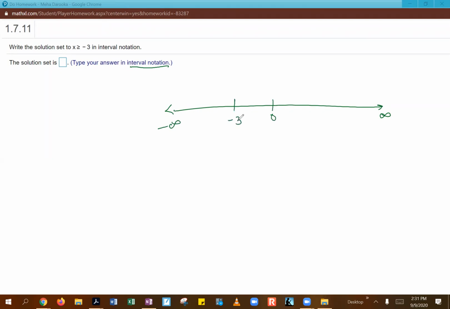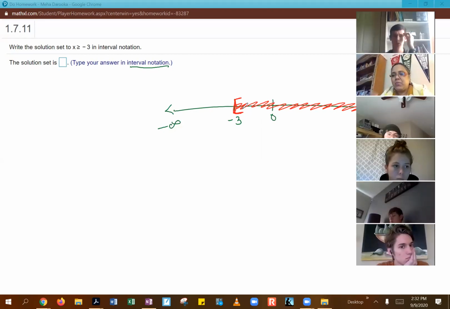So this is going to be our -3. They're talking about greater than. So of course, we are going to the right-hand side, because that's where the numbers will be greater than -3. And then again, since we have greater than or equal to, that equal to means you are also including -3 in your answer set. So now what would your interval notation end up looking like for this one?